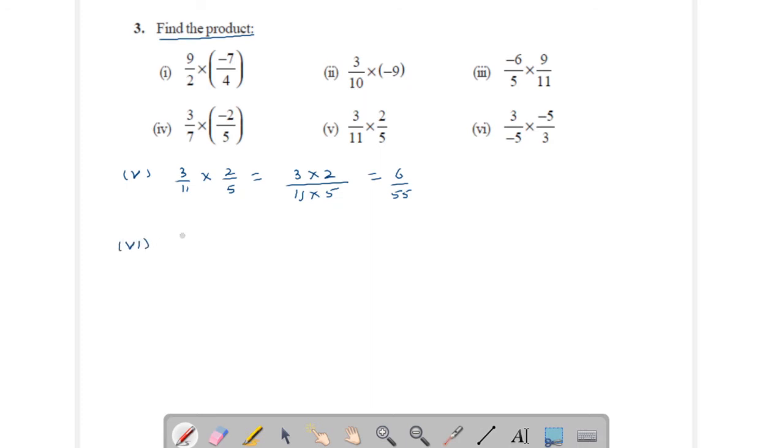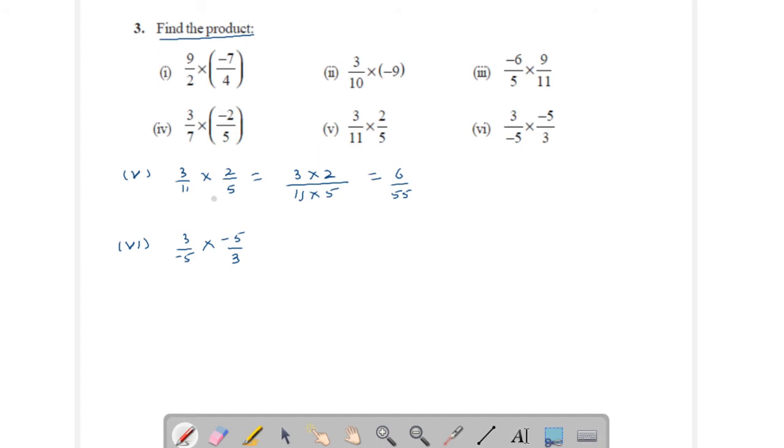Now come to sixth part. 3 upon minus 5 into minus 5 upon 3.